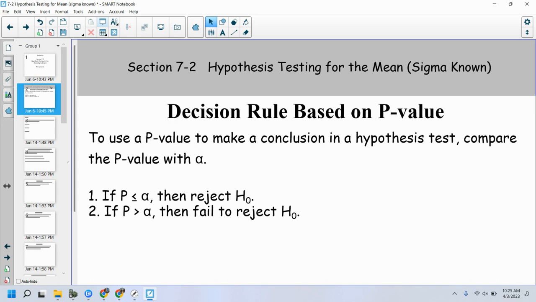Okay, so here's where we make our decisions. If our p-value is less than or equal to alpha, then we reject the null. And remember, rejecting the null is kind of like our goal.